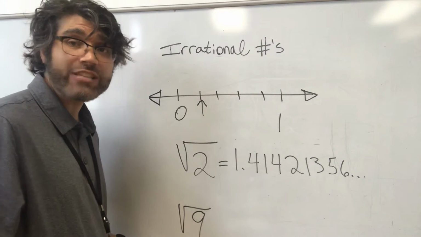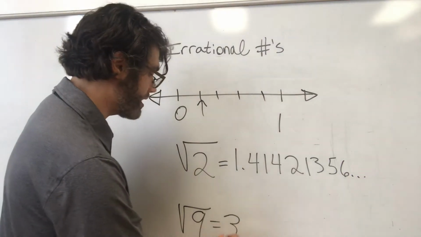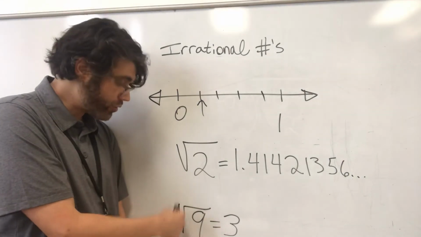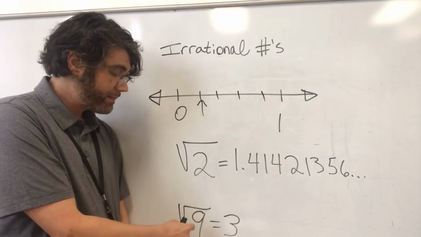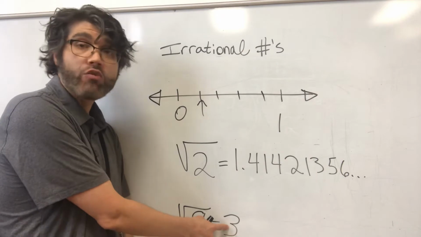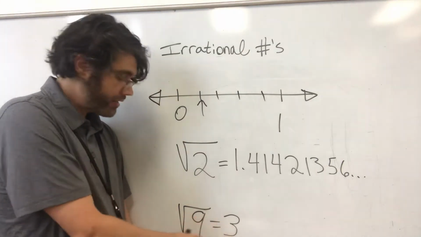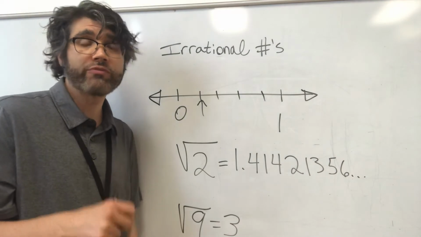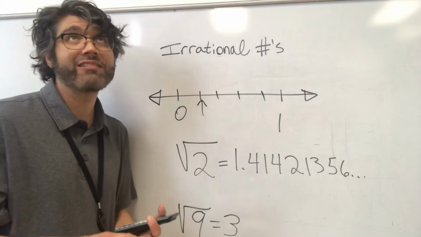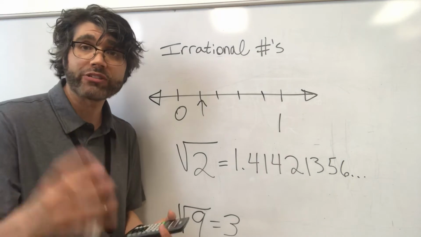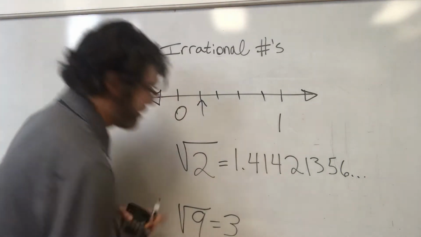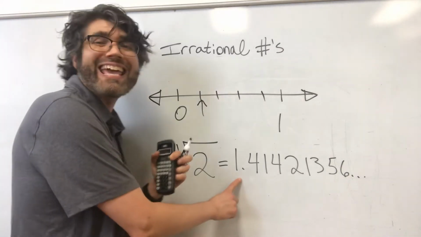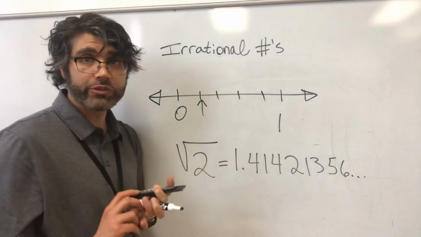The square root of 9 is 3 because 9 is a perfect square. 4 is a perfect square, 9, 16, you could think of others. 2, however, is not a perfect square, so it's going to give us an irrational root, okay?